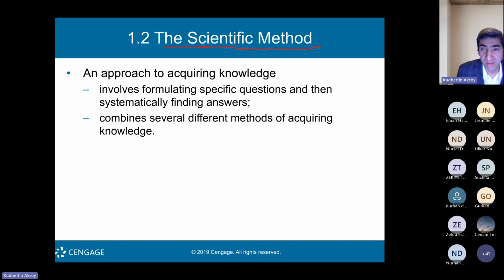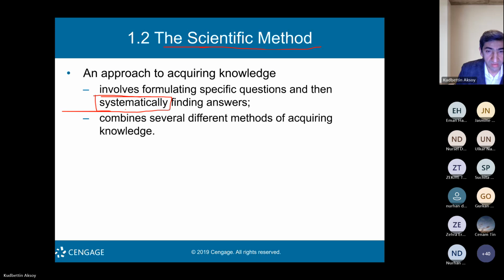What makes the scientific method different from others? It's systematic, and it has a feature that no other ones have. In this approach, we formulate a specific question, we will call it a hypothesis, and then we systematically look for what we are looking for.